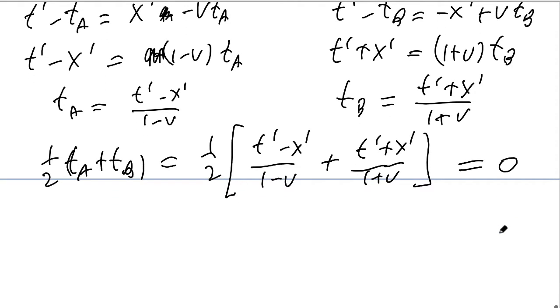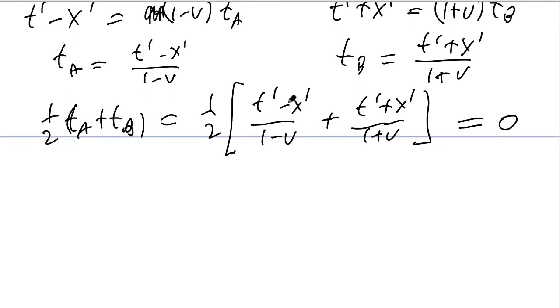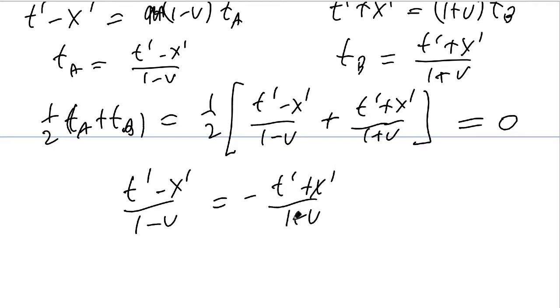All right, now solving for x prime as a function of t prime. How do we do that? Well, we can drop the 1/2 because it's set equal to 0. And we'll move this term to the right-hand side. And now cross multiply.